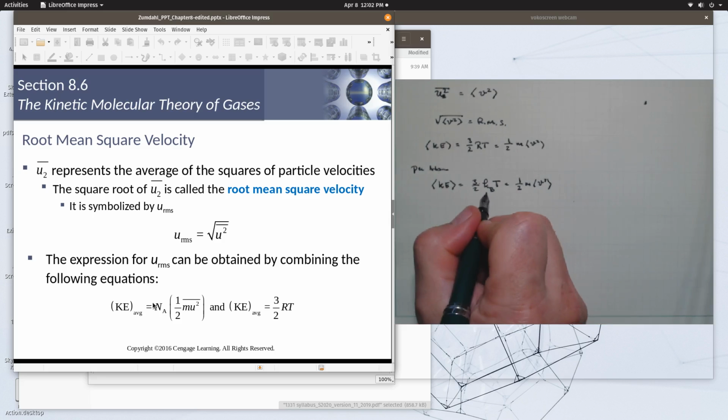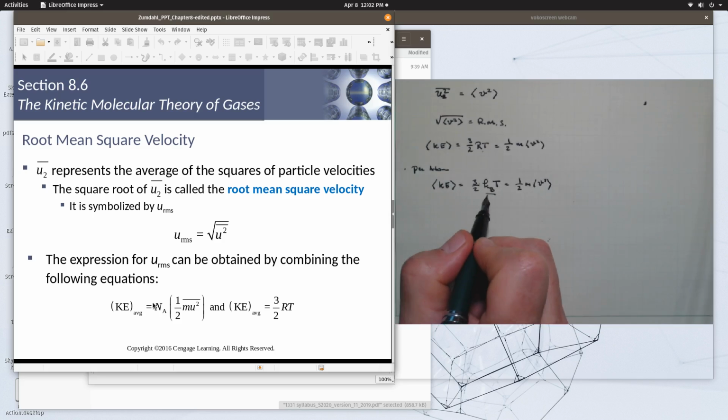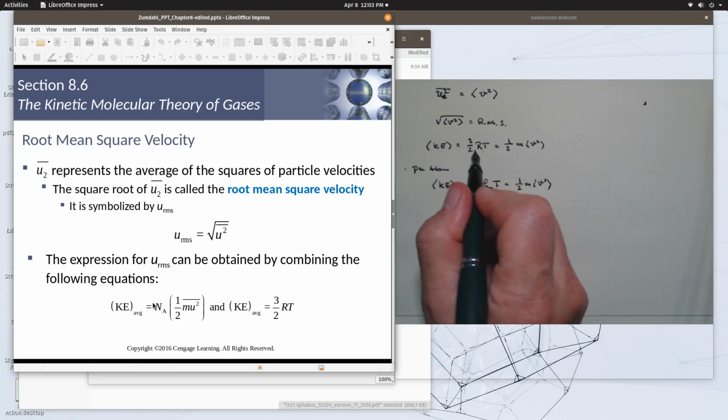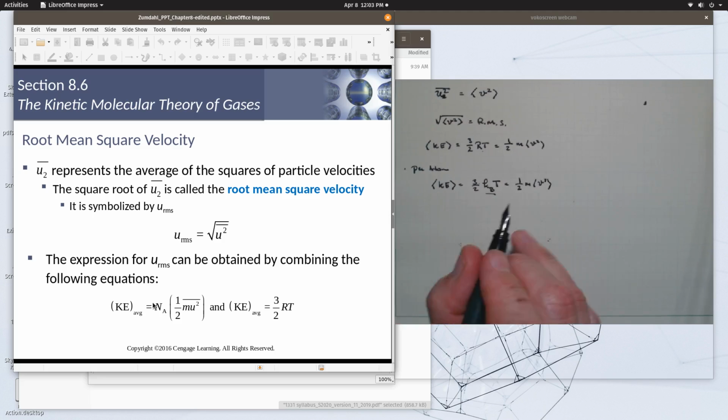Actually, I prefer doing this on a per atom basis rather than dealing with the molar quantity, which is always going to be joules per mole. The per atom number will be much smaller, on the order of 10 to the minus 23, while the molar one is in joules per mole, a little more palatable number if you want.